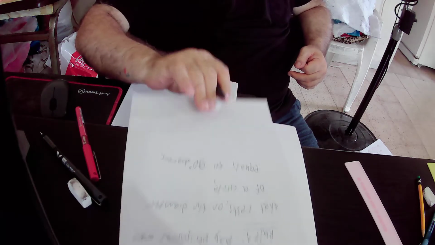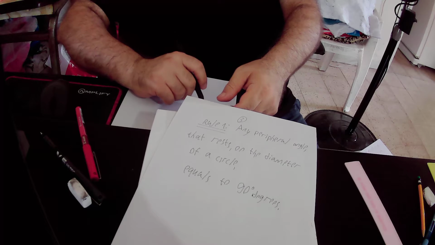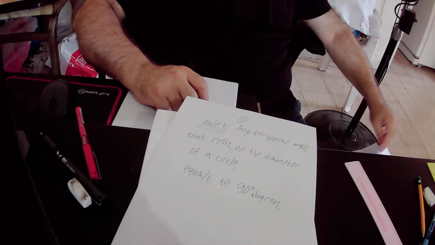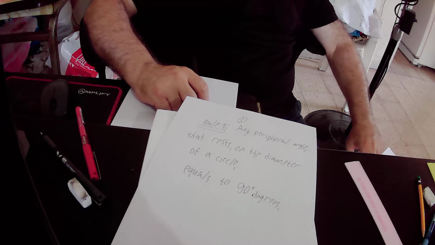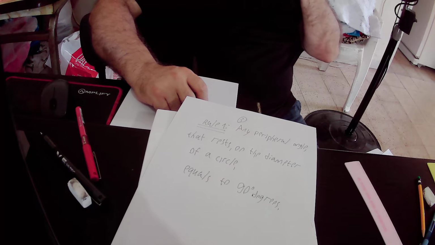So I will read rule number 1 again. Rule number 1 states that any peripheral angle that rests on the diameter of a circle equals 90 degrees.